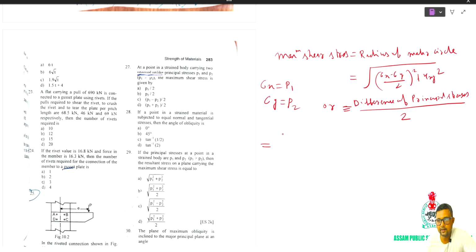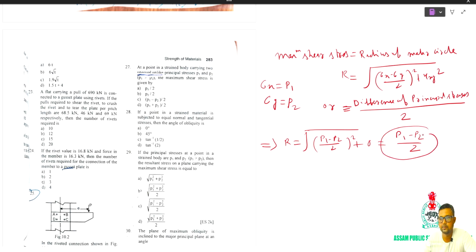So what is the radius r? r is the square root of (P1 minus P2 by 2) whole square, there is no shear stress, right? So it equals P1 minus P2 by 2, which is similar to the difference of the principal stresses by 2.